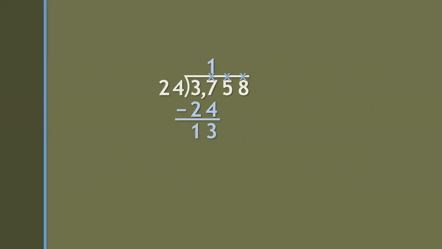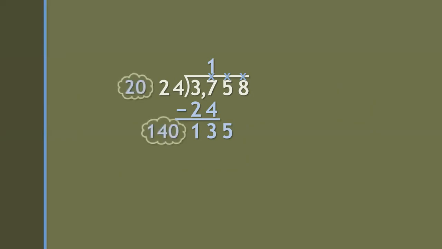Now 24 does not go into 13, but it does go into 135. So we'll divide 24 into 135. How many times is that? 25 into 100 is probably 4, and then 135 is probably another 5.